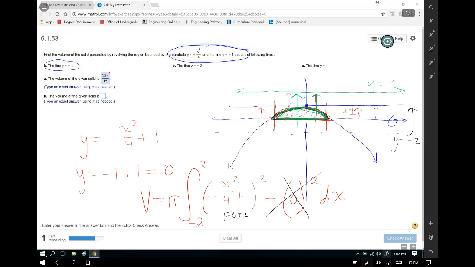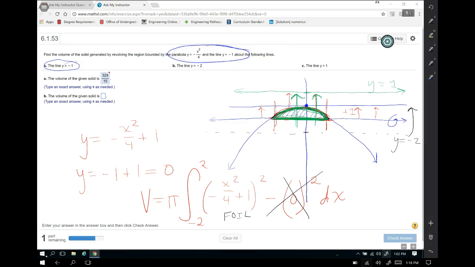So the parabola was the outer boundary and y equals -1 was the inner boundary. But on part C, y equals 1 is above the region. So you're moving towards that axis in a different direction. You still shift exactly the same way as before, but the order that you do that subtraction is different, because now that line is the outer radius and the parabola is the inner radius.